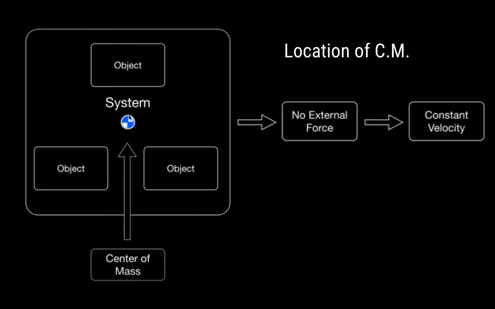If there's no external force within the system, this position will either move at a constant velocity or it will stay stationary. For example, in the situation of an explosion, two objects start together.